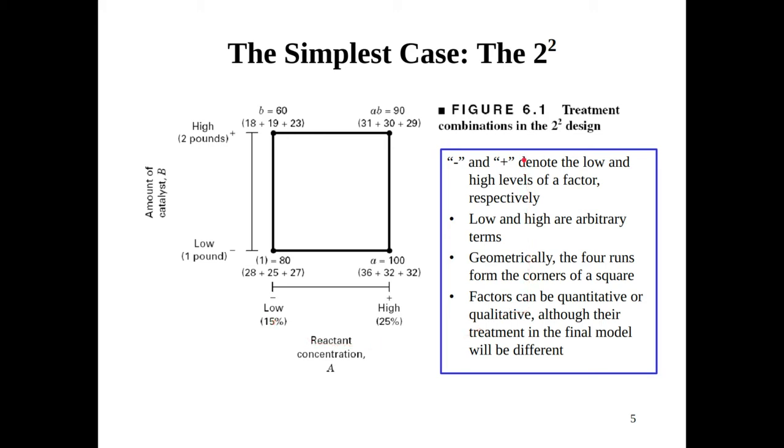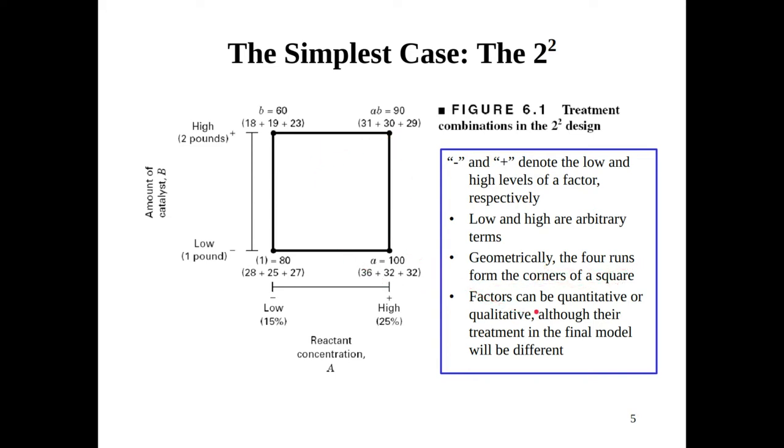And these bullet points, we already explained that. For example, minus and plus denote the low and high level of a factor respectively, and low and high are arbitrary terms. Like for example, if we have a qualitative factor, low doesn't actually mean low, right? Geometrically, the four runs form the corner of the square.